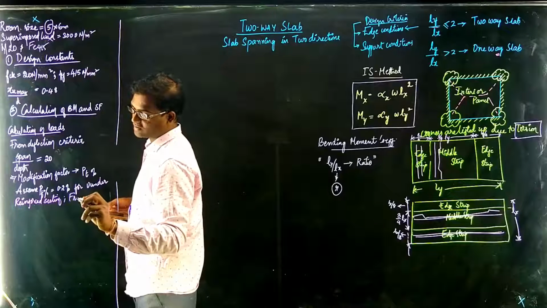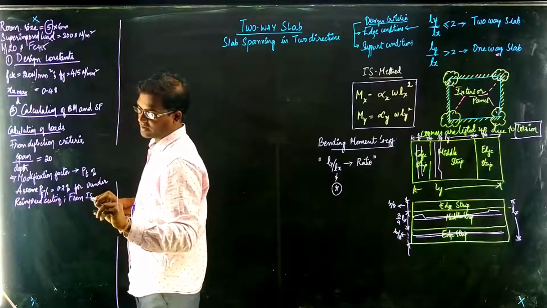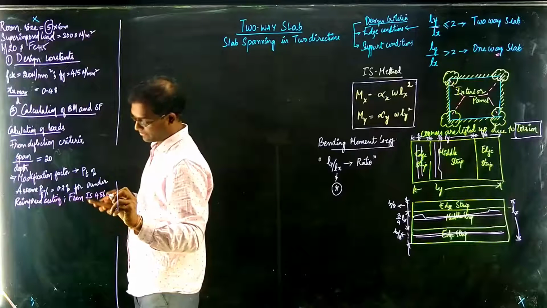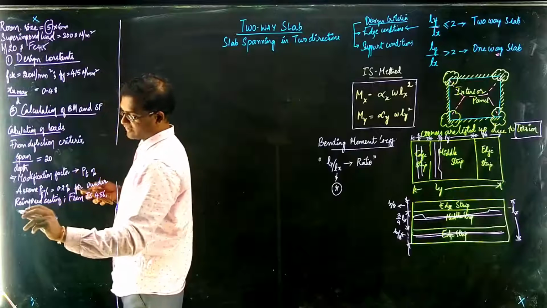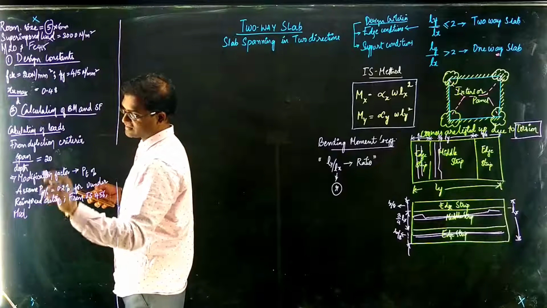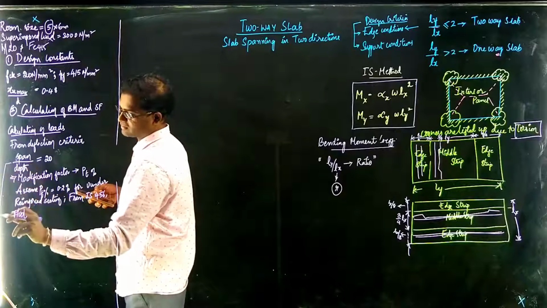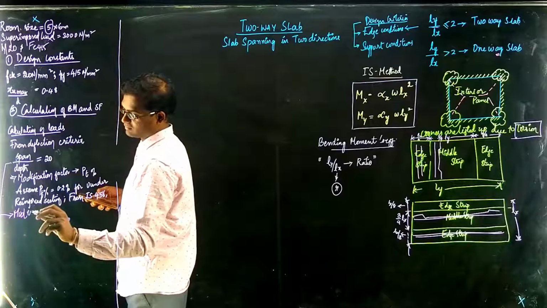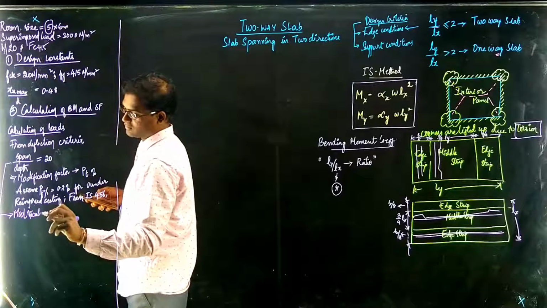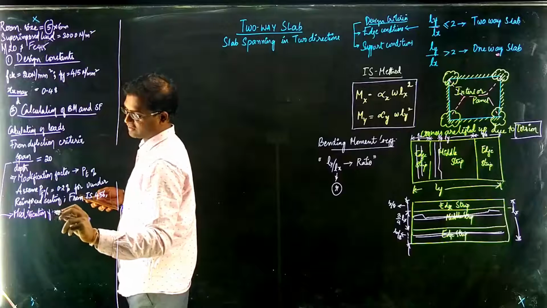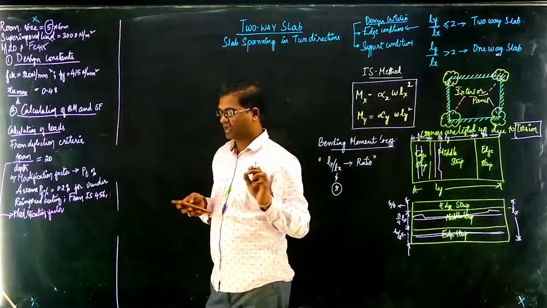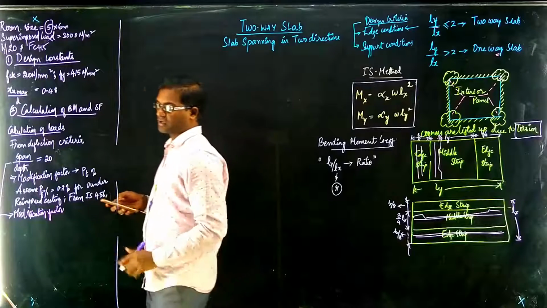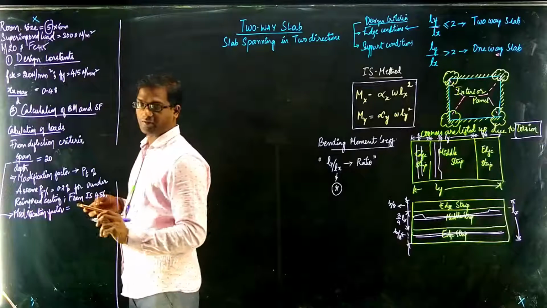And from IS 456, the modification factor for this. There are certain curves, and from those curves you can calculate the modification factor from IS 456.